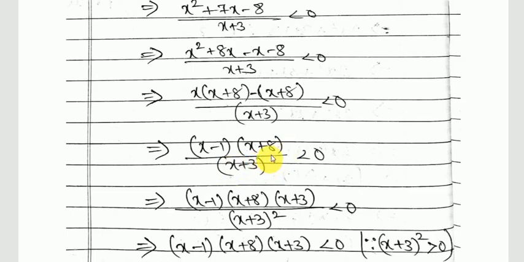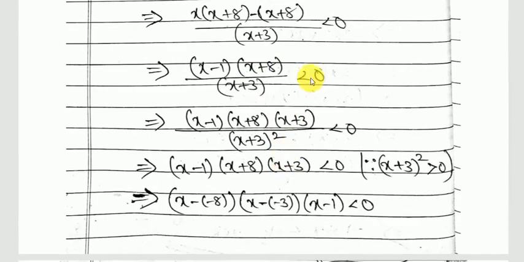So on the left we are multiplying and dividing by x plus 3, so the direction of the sign is not changing, there is no change in the value. So x minus 1, x plus 8 are already there. Now I'm multiplying by x plus 3 in the numerator, and down also I'm multiplying with the same thing. So here I get (x plus 3) whole square.